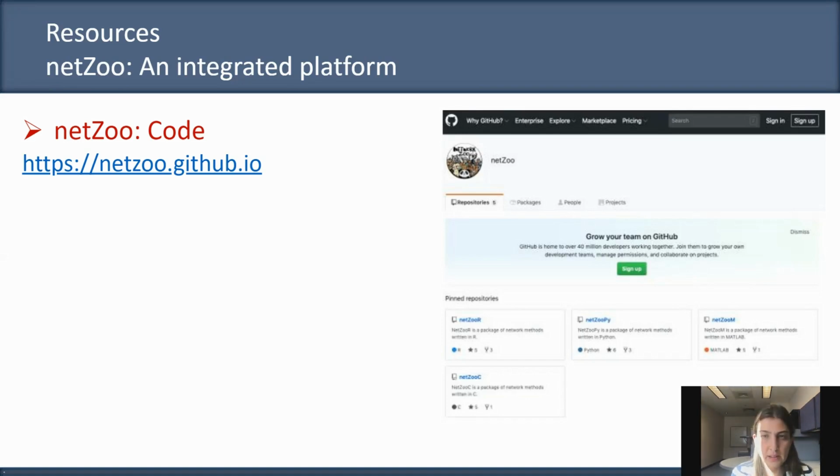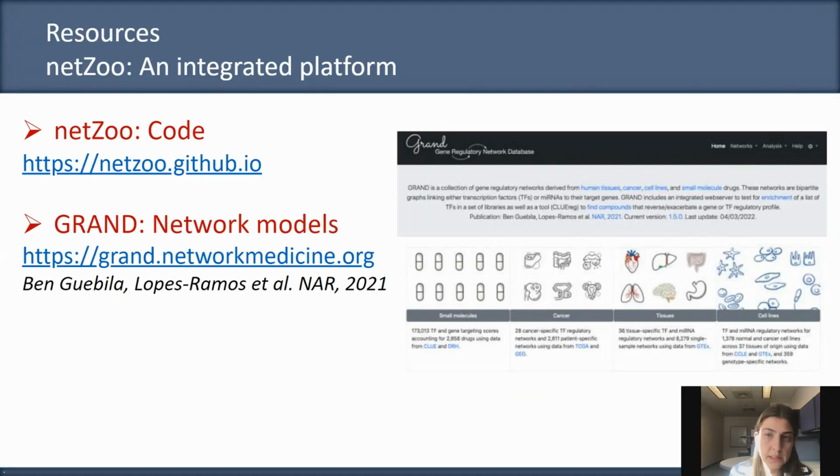We also have a lot more tools to analyze networks available in NetZoo. If you're interested in working with the network models that were already generated, you can download them all in GRAND. Not only the networks that I showed here, but in GRAND there are also a lot more cancer networks available. There are networks for cell lines, and even cell lines that were treated with drugs.